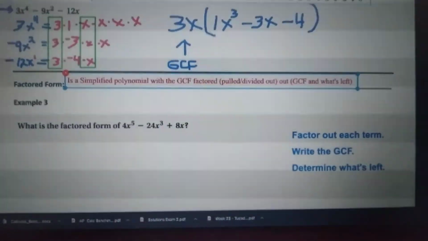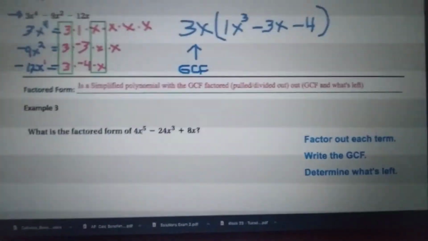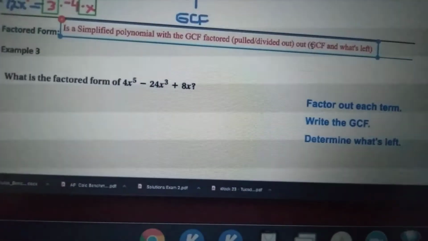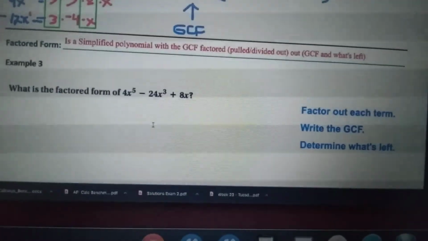Everybody understand what I'm saying? So if I tell you what is the factored form of this trinomial, you're going to write out GCF and what's left. Everybody understand?